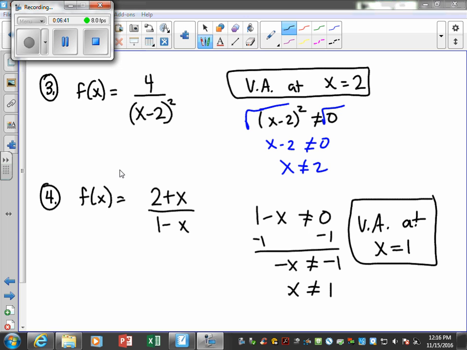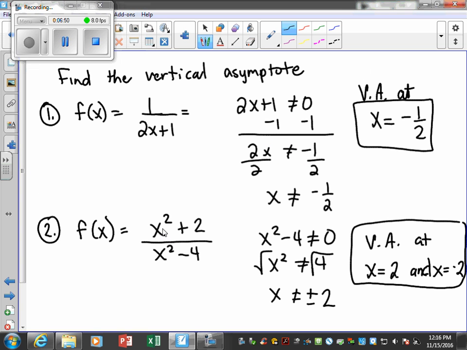Also, just to take note: if you're asked to find the horizontal asymptote in your homework, you may have these particular functions, and they may say find the vertical asymptote and the horizontal asymptote.